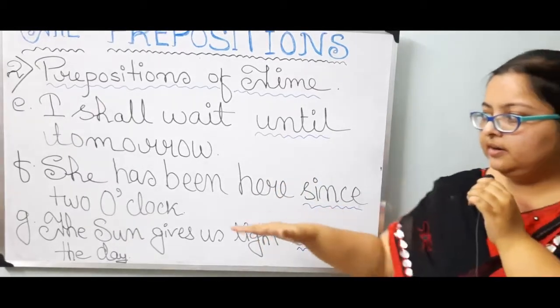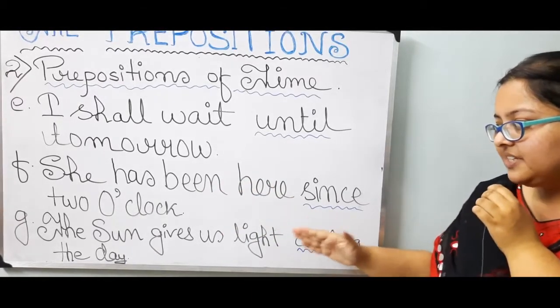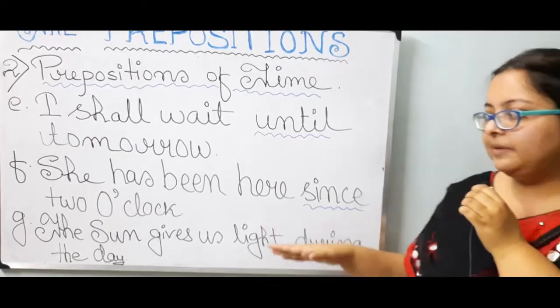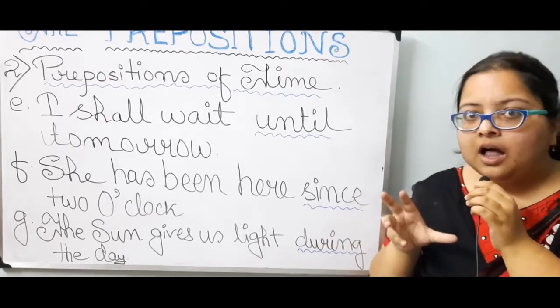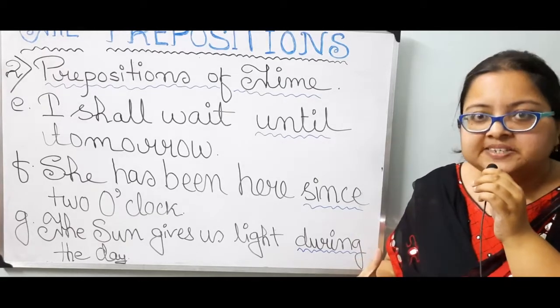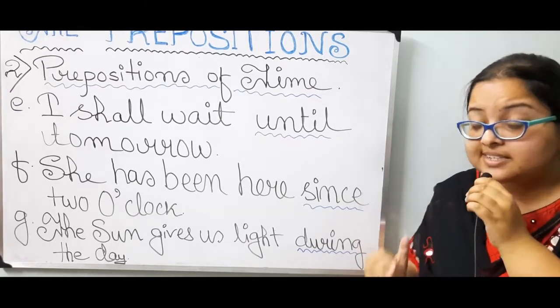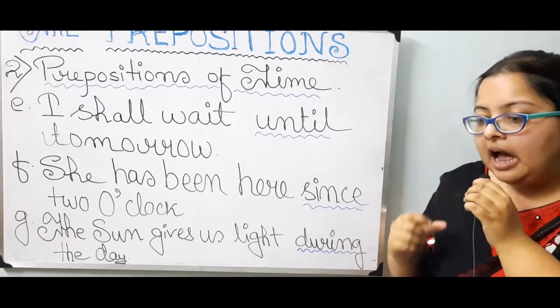Now, next one. Number G. The sun gives us light during the day. So, "during the day" means during a period of time basically. Okay? Means at that time, or better to say during a period.